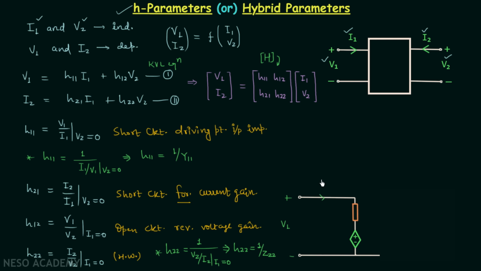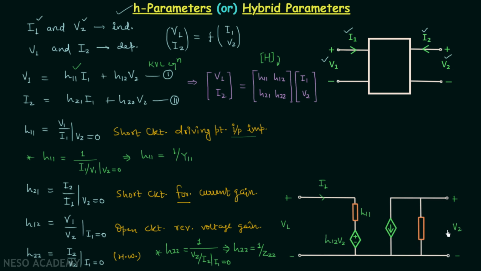This means current I1 is flowing through impedance, which is H11. It is impedance. So we are done with this voltage, and then we have one voltage dependent voltage source providing H12 V2.